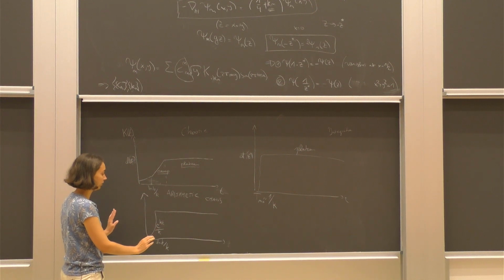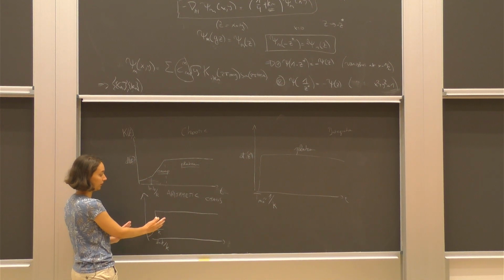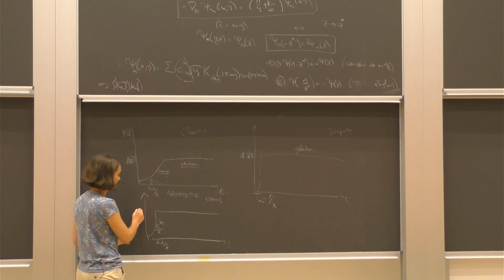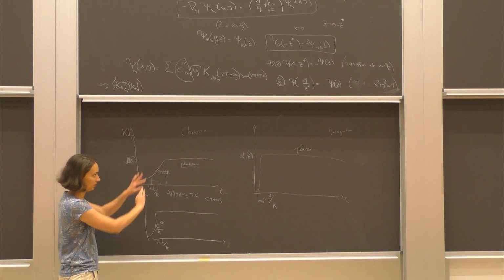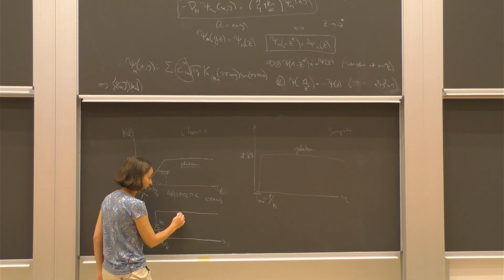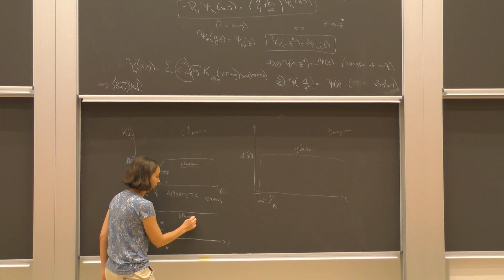But the main point is that for arithmetic chaos, you have this exponential initial behavior of the spectral form factor. And it reaches the usual plateau, as in any of these cases, much faster than for usual chaotic systems.